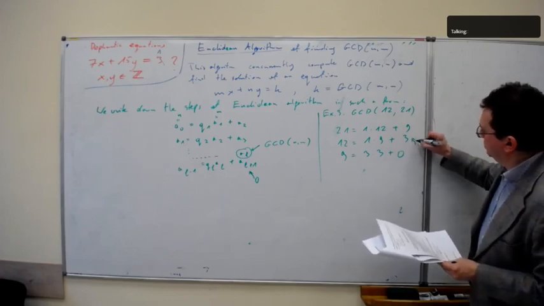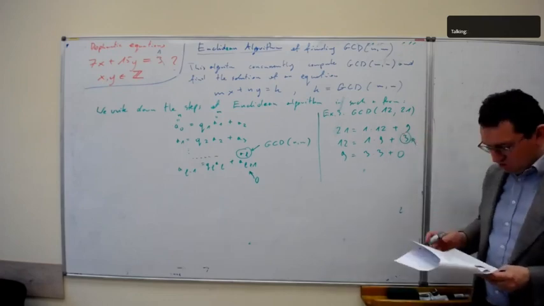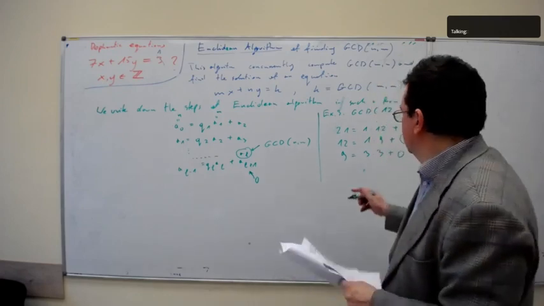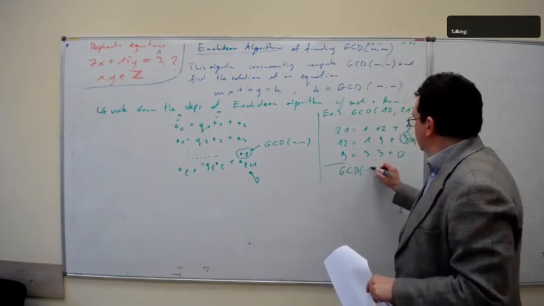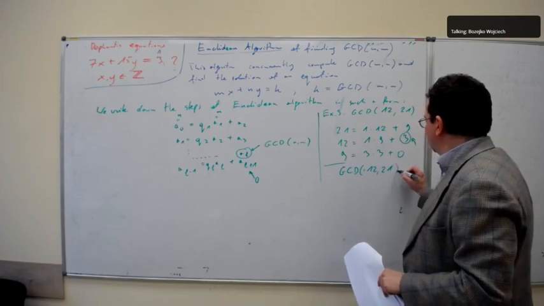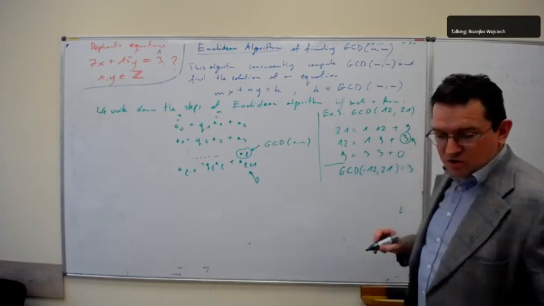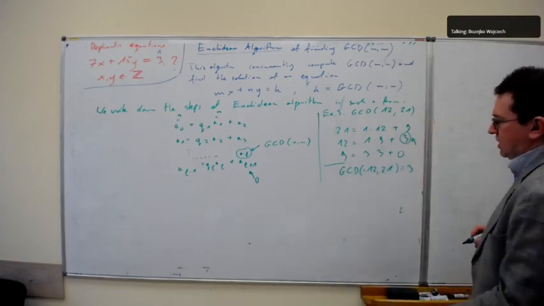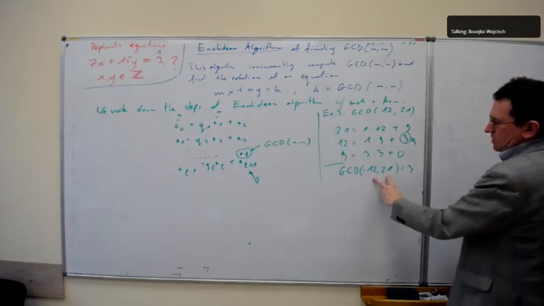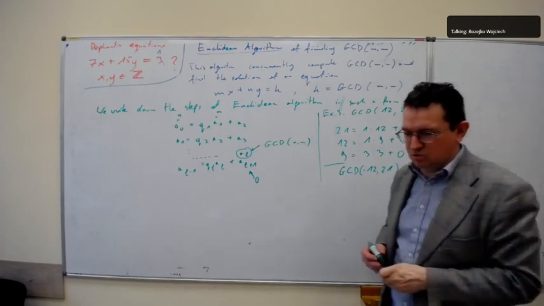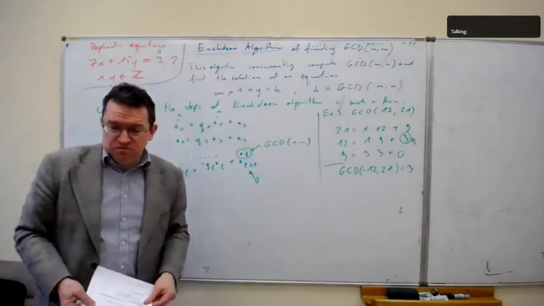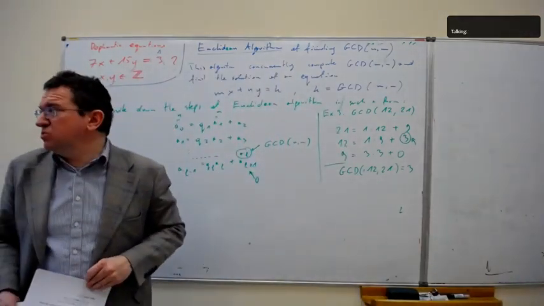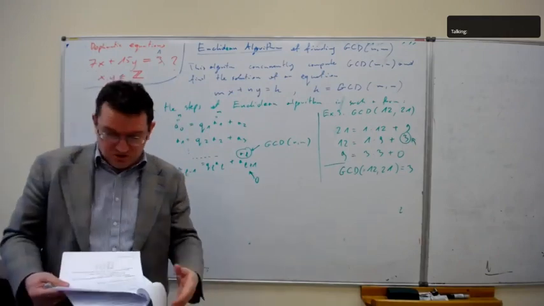So we have that 3 is the greatest common divisor of 12 and 21. Of course, this is symmetrical. It doesn't matter if we write 12 and 21 or 21 and 12. This is quite easy, and everybody should learn this algorithm in primary school.